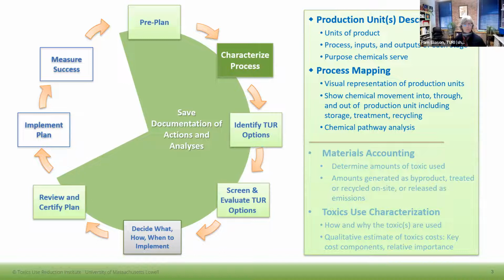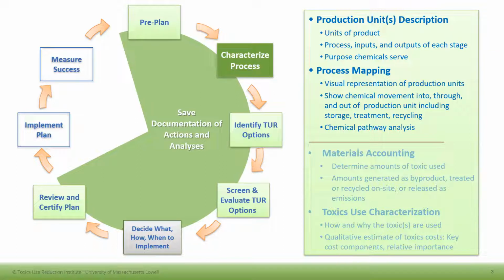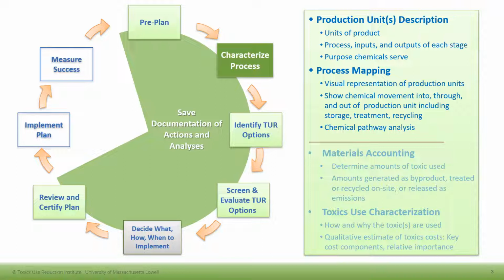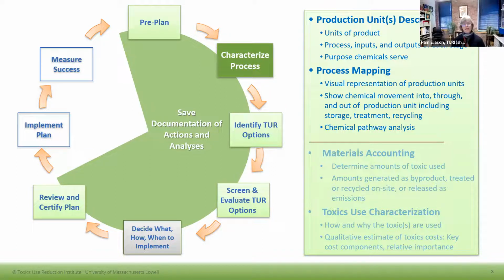I'll touch on other aspects of process characterization, which are materials accounting and cost of toxics. Those are all part of process characterization. But we're not going to get into too much detail.